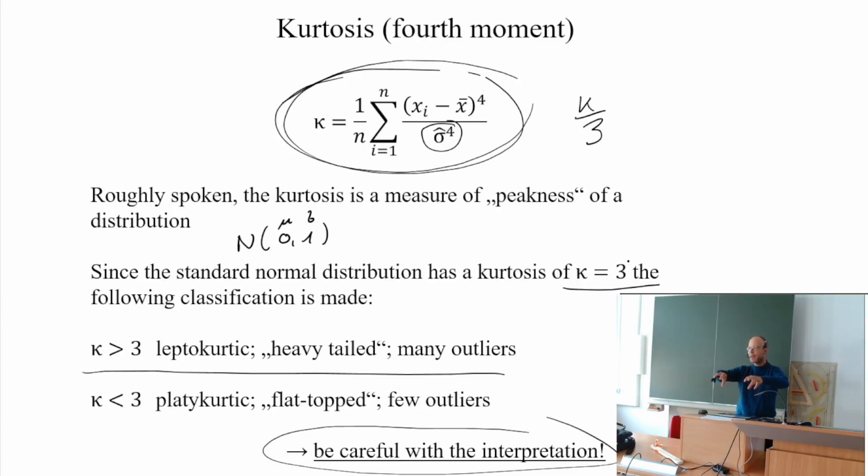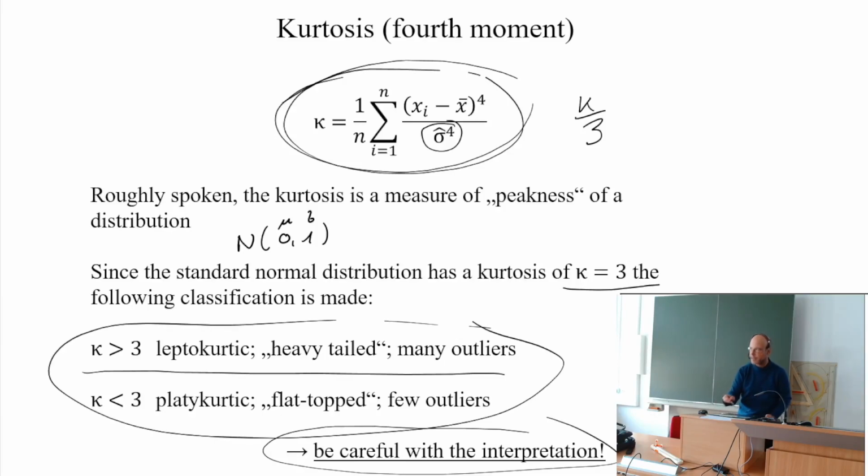If you have two areas on the left and on the right side of your mean, then you have to be careful when interpreting the kurtosis like this, but this is better done when I show you the example.